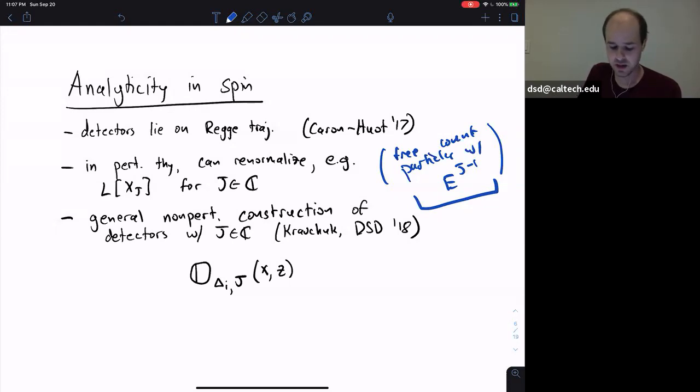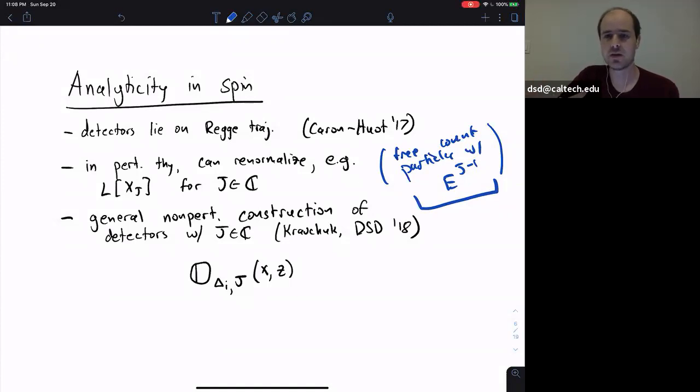Subsequently, Petr Kravchuk and I gave a general non-perturbative construction of these detectors with general J. The construction shows, roughly speaking, how they arise, but the actual spectrum of these things, what they look like, what they do, is a theory-dependent thing.